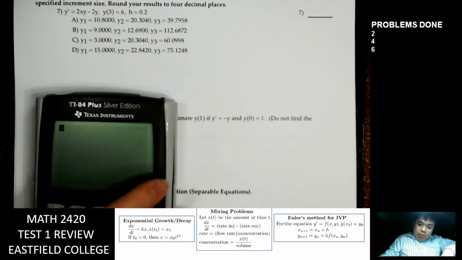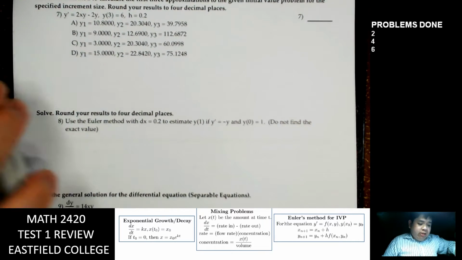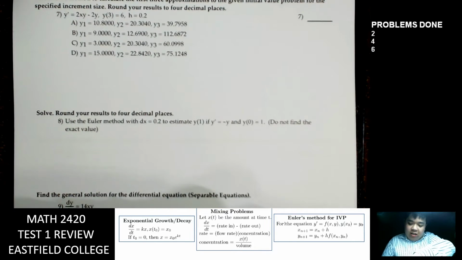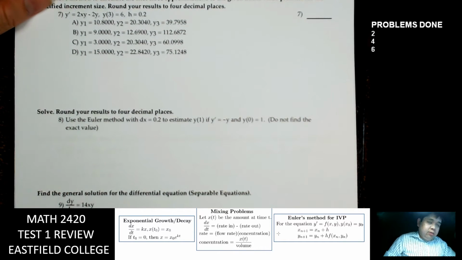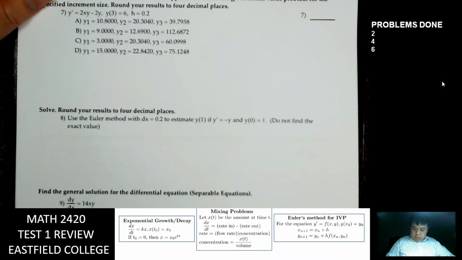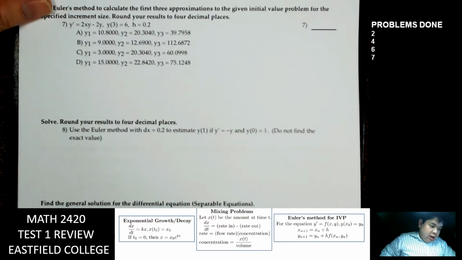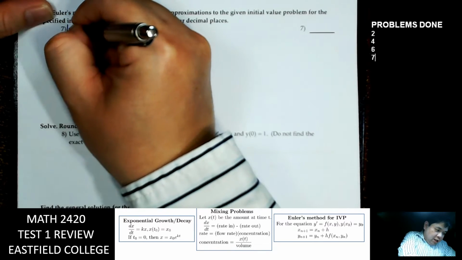So the Euler method for the initial value problem. By the way, I will do number 7. Take a look at 7. We have the problem. This is the problem.